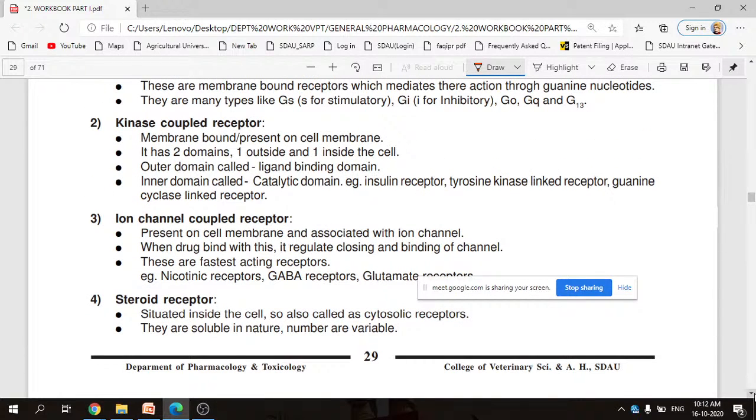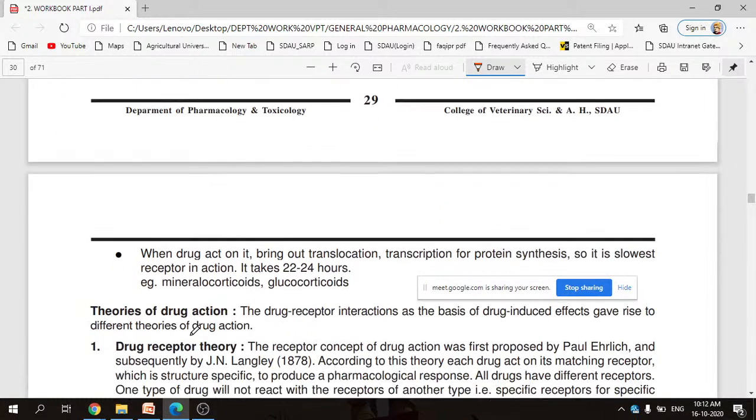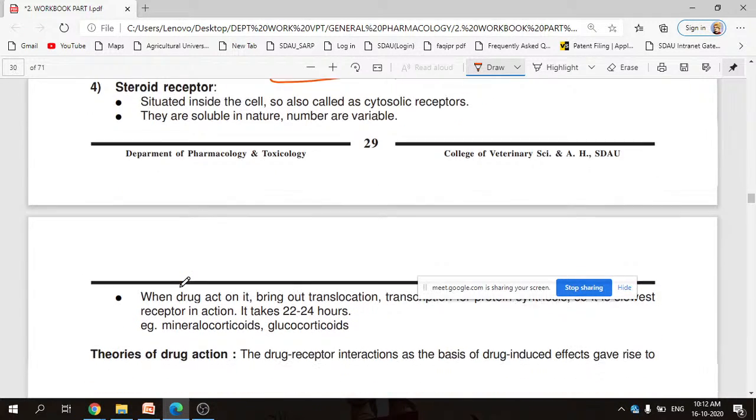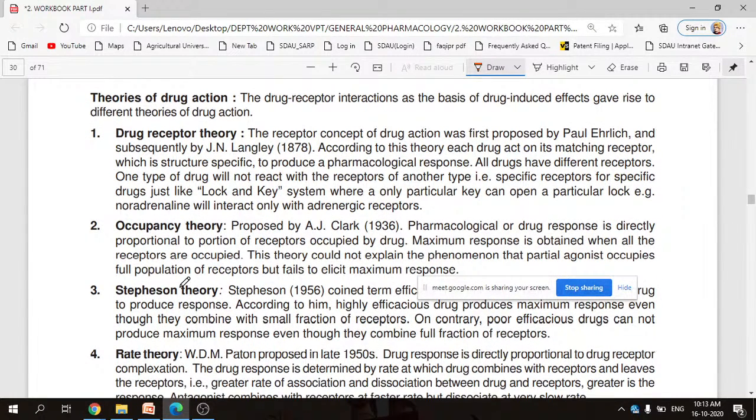For example, insulin receptors are tyrosine kinase receptors. Similarly, GABA receptor, nicotinic receptors, and glutamate receptors are ion channel receptors. Steroid receptors, glucocorticoid receptor, and mineralocorticoid receptor are located in the nucleus. So this is the basic concept of the receptors.